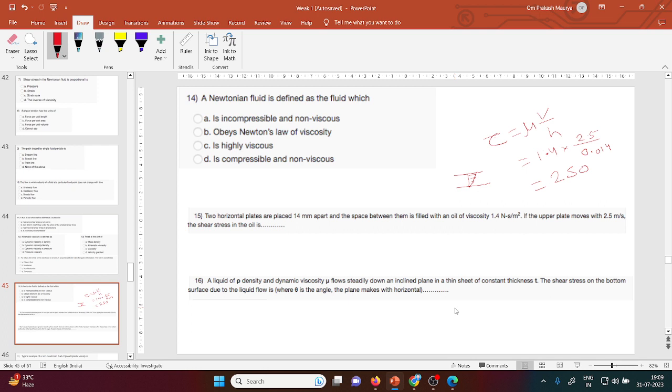Question number 16 is about a liquid of density rho and dynamic viscosity mu flowing straight down an inclined plane. Some inclined plane is there, and the inclination with the horizontal is theta.